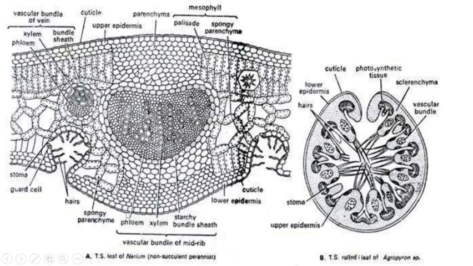Now see, this is the diagram of the TS of a leaf. This is the TS of the leaf of a non-succulent xerophyte. Here is the thick cuticle to check the loss of water, and here are the multiple, 1, 2, 3 layer epidermis. Then the mesophyll cells are differentiated into palisade and spongy parenchyma.